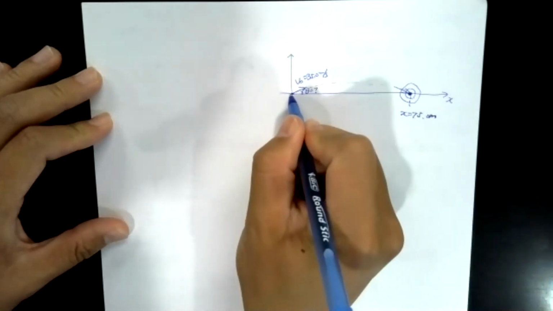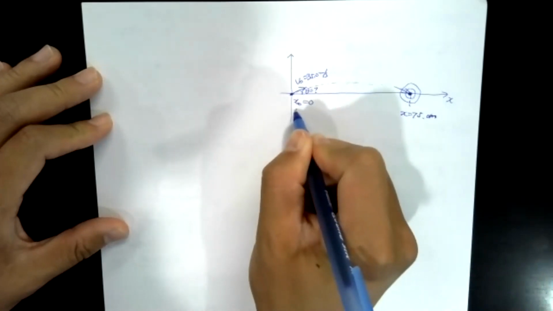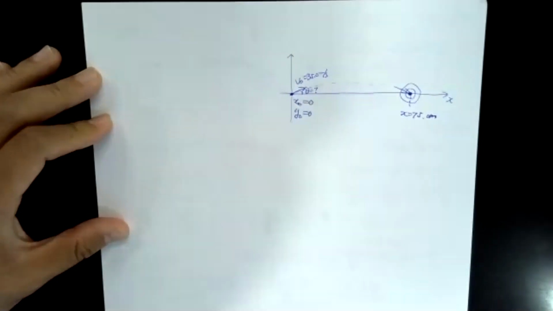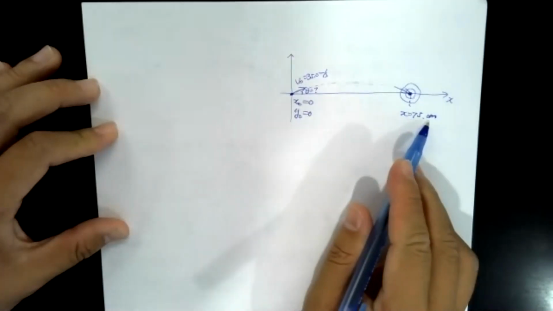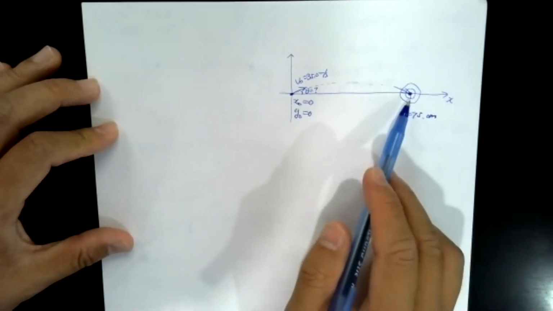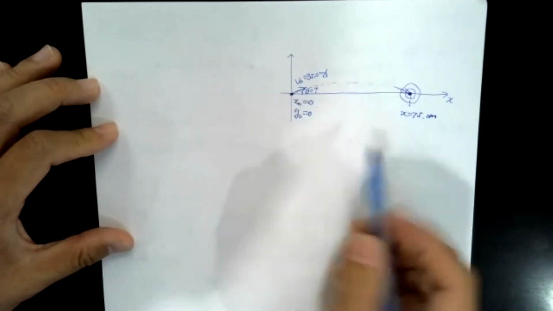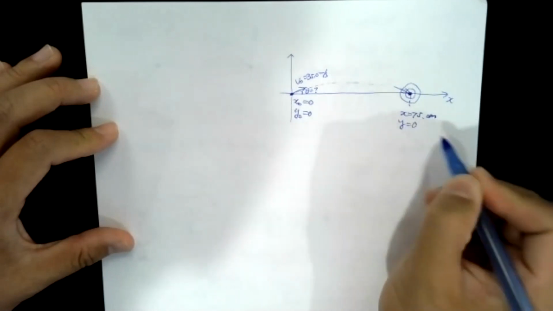So if I set the original position to be my origin, then my initial position, x naught is 0, y naught is 0, okay? And then the target is at 75. It also tells me that the target and the initial launch point are at the same level, so that means y is also equal to 0, the same as the initial, right?